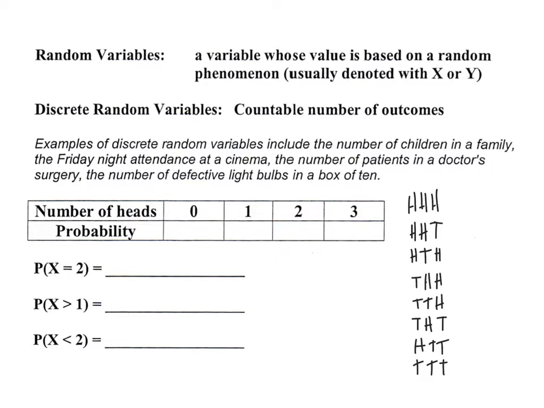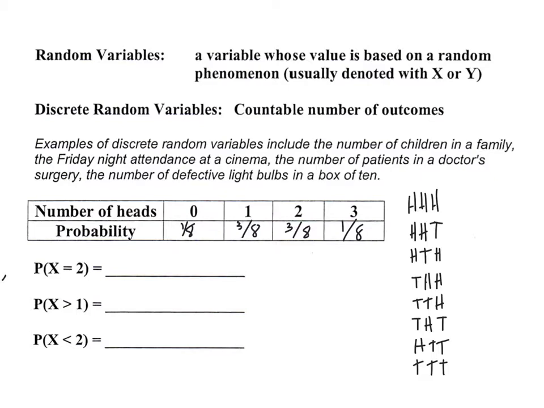Okay, so what is the probability that I got 0 heads? Well, there is only one outcome, right? So it's 1 out of 8. The probability of getting heads one time is 3 out of the 8 outcomes. The probability of getting 2 heads, meaning 1 tail, is also 3 out of the 8 outcomes. And the probability of getting all heads is 1 in 8. Okay? This is our probability distribution.